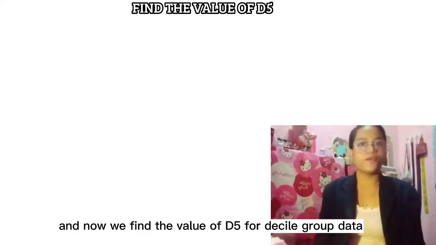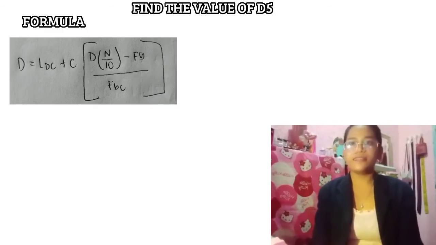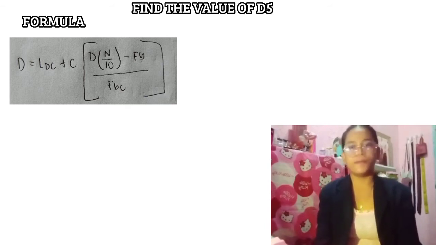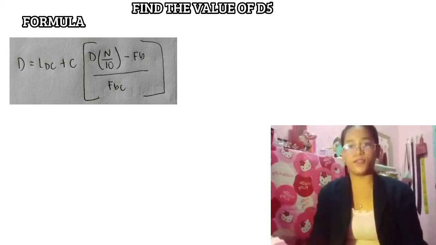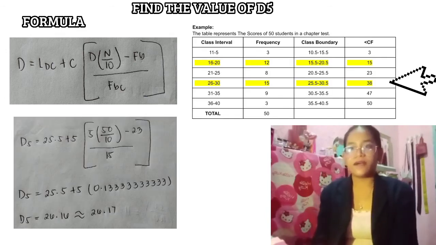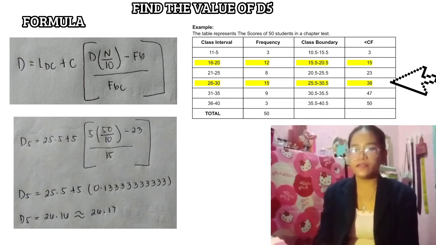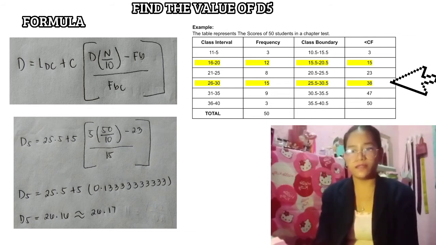And now, we find the value of D5 for deciles of group data using the formula D equals L sub DC plus C, open parenthesis D, n over 10 minus FB, close parenthesis, over F sub DC. Then, let's substitute. D5 equals 25.5 plus 5, open parenthesis 5, 50 over 10, minus 23, close parenthesis over 15.